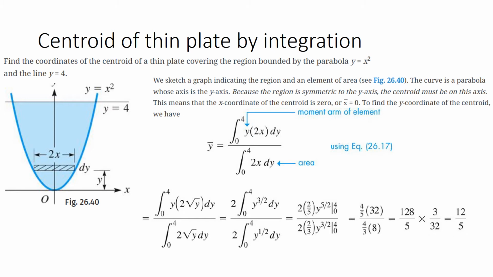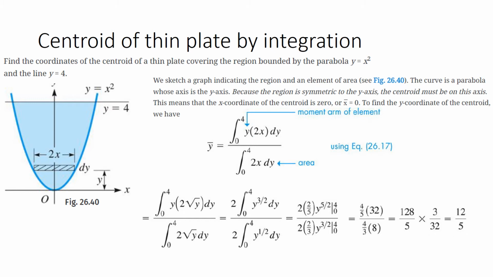So the moment is on the numerator of that fraction. At the very top there, it's y times 2x dy. It's the distance from the origin multiplied by the size of the rectangle. And in the denominator, we have to take just the area of that rectangle.